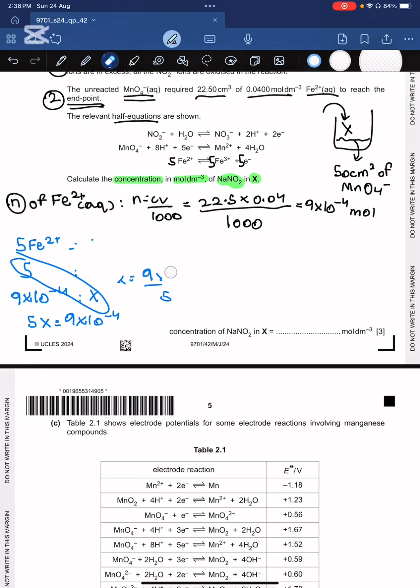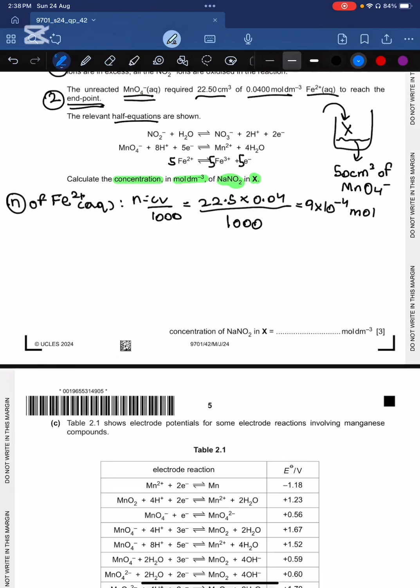The purpose of all of this was to show how the stoichiometric ratio works. I went from 5 moles to 1 mole by dividing by 5. Now I know the number of moles of unreacted MnO4 minus, which is 9 into 10 to the power minus 4 divided by 5, which is 1.8 times 10 to the power minus 4 mole.